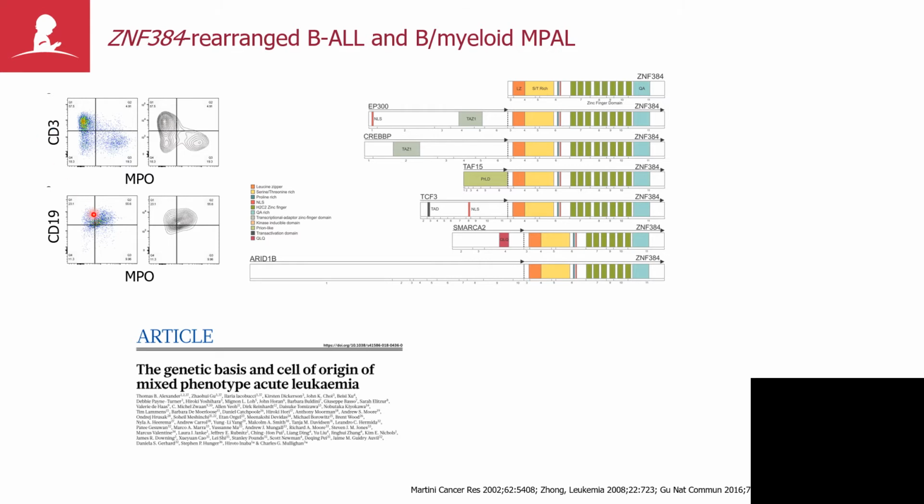These tumors can either be truly biphenotypic, where we see a single population of blasts expressing multiple lineage markers, or we can see these bi- or trilineal leukemias where we see multiple populations of blasts in the same case expressing different markers.